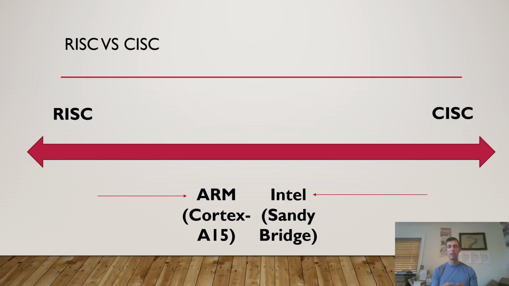You can read about both of these in our supplementary textbook, Basic Computer Architecture. They gravitate towards the center, and the more recent chips look much closer to each other than they do separately. So I don't want you to think that a computer is only ever RISC or CISC. It's a spectrum, and the more recent designs occupy a space close to the center with some RISC elements and some CISC elements.